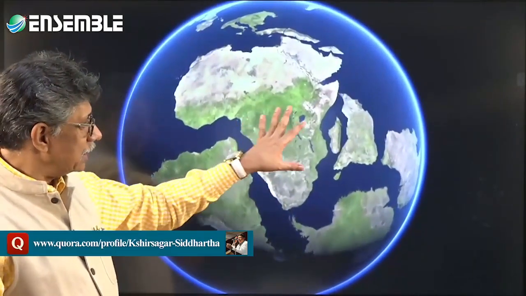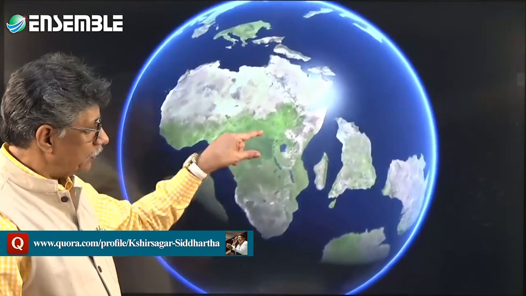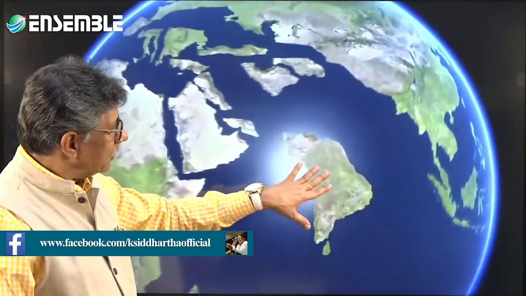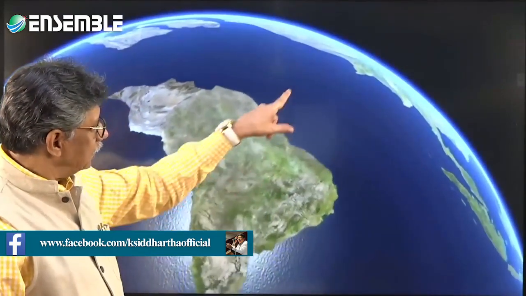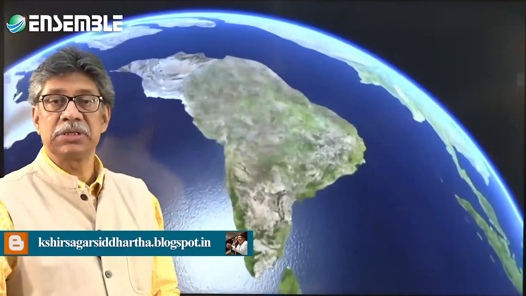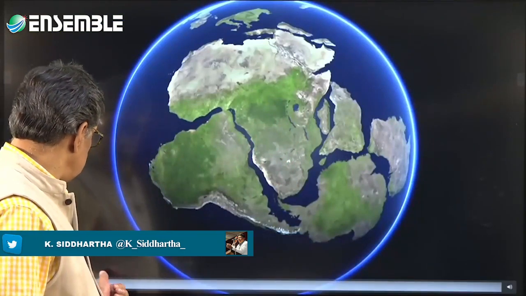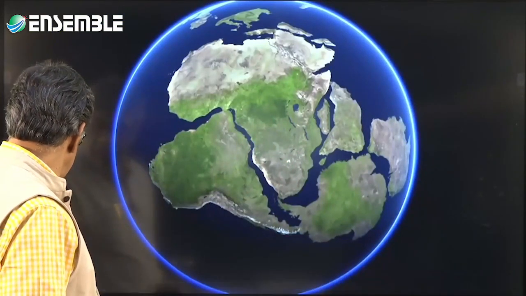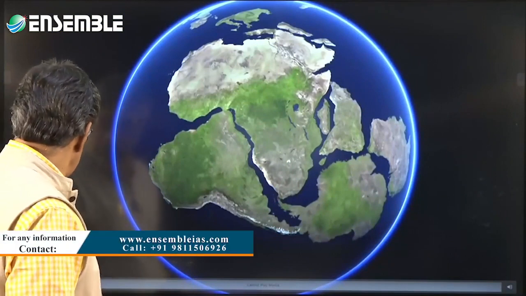India got ruptured, and after having got ruptured, it collided with the Eurasian region. And it was only in this process of collision that it led to the formation of the Himalayan mountain ranges. India was joined together with all of these continents, and while it was joined together, it started getting fragmented.